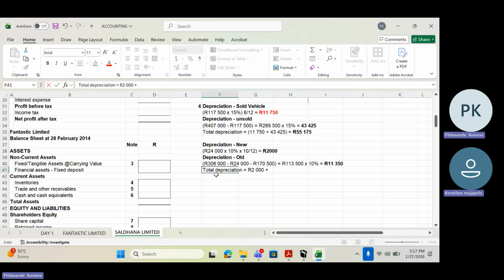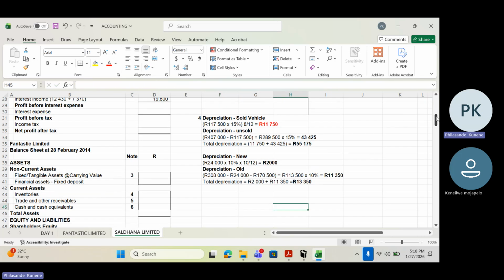Then how much are we getting? 13,350. So that is my total depreciation for equipment.